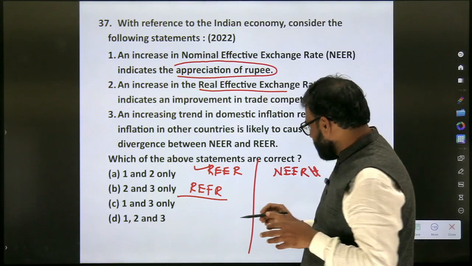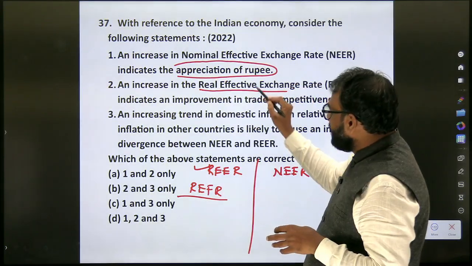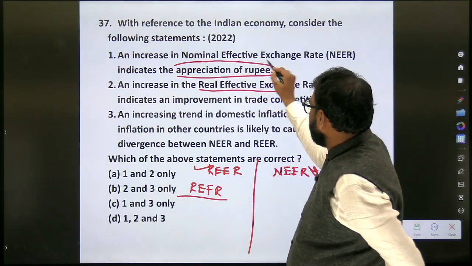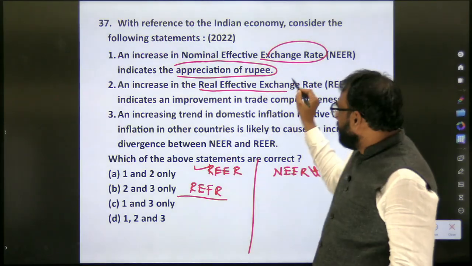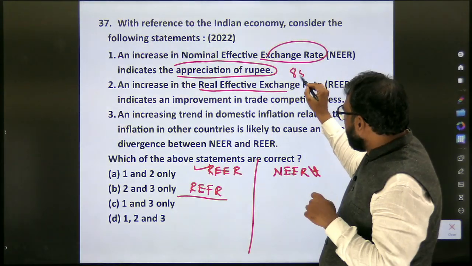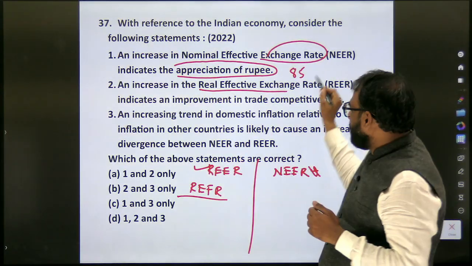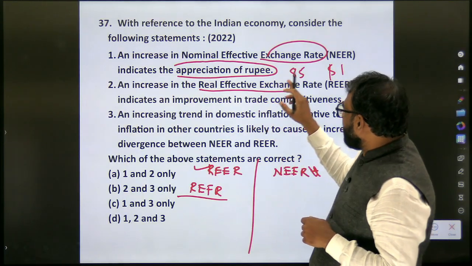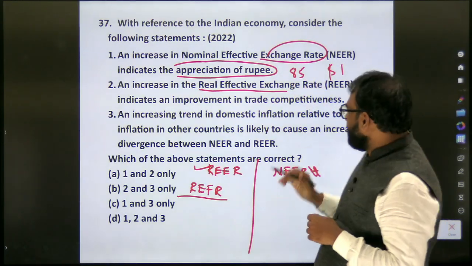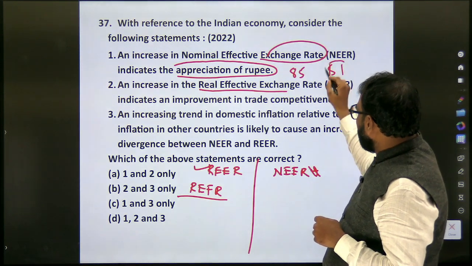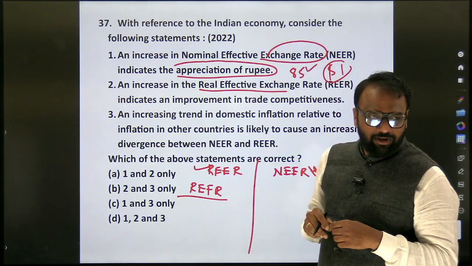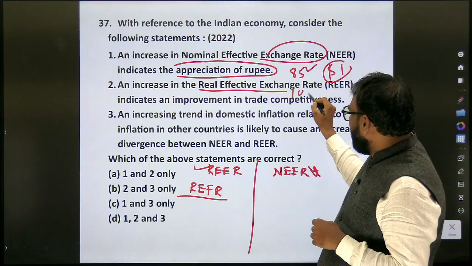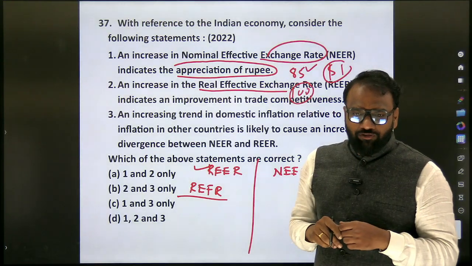We shall take it with the help of an example. The first one, an increase in nominal effective exchange rate. What is the exchange rate? For 85 rupees, you are buying $1. Now, an increase in nominal effective exchange rate means rather than buying $1 for 85 rupees, you are buying it for 100 rupees.